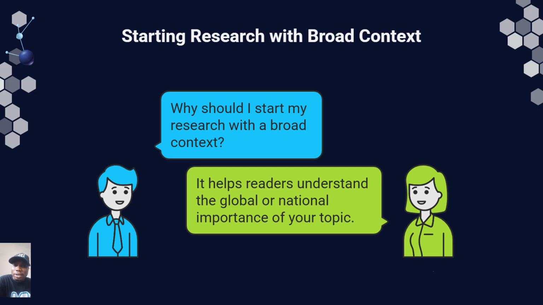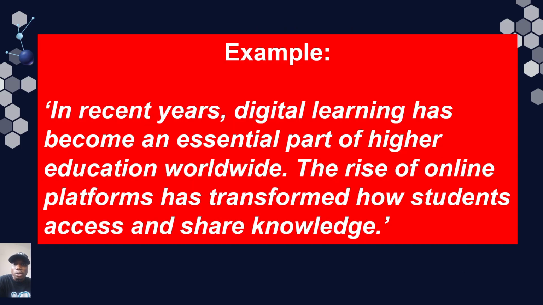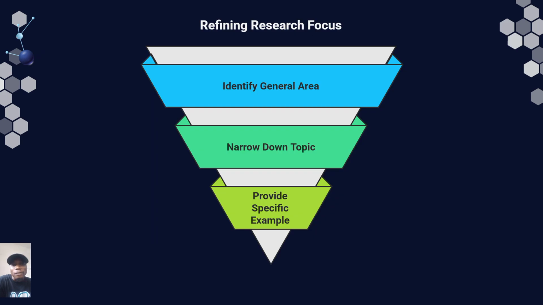The second part is that it narrows down to the specific topic. After giving the general context, move closer to your specific focus. Part of this is usually done using what we call the funnel approach. For example, if you live somewhere in Africa, for example, Ghana, and you are doing your literature for the background section, you start with global facts.